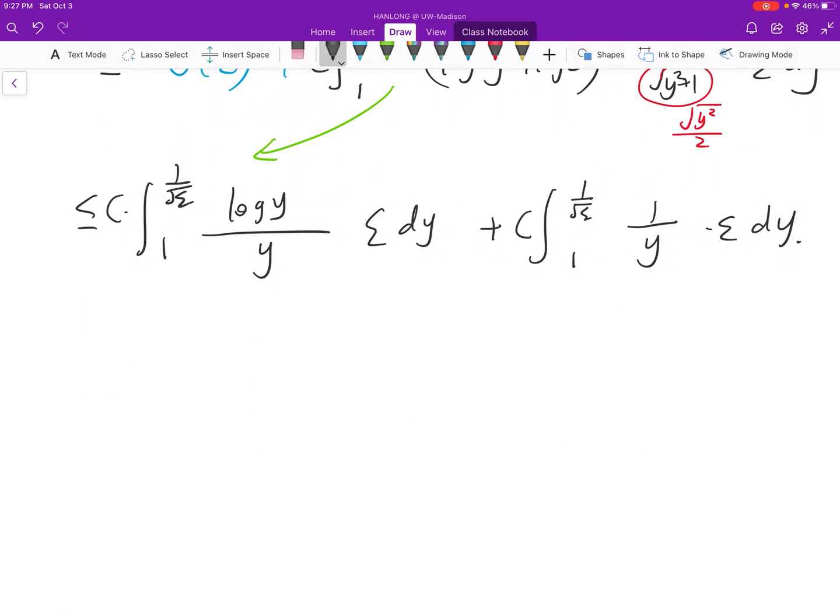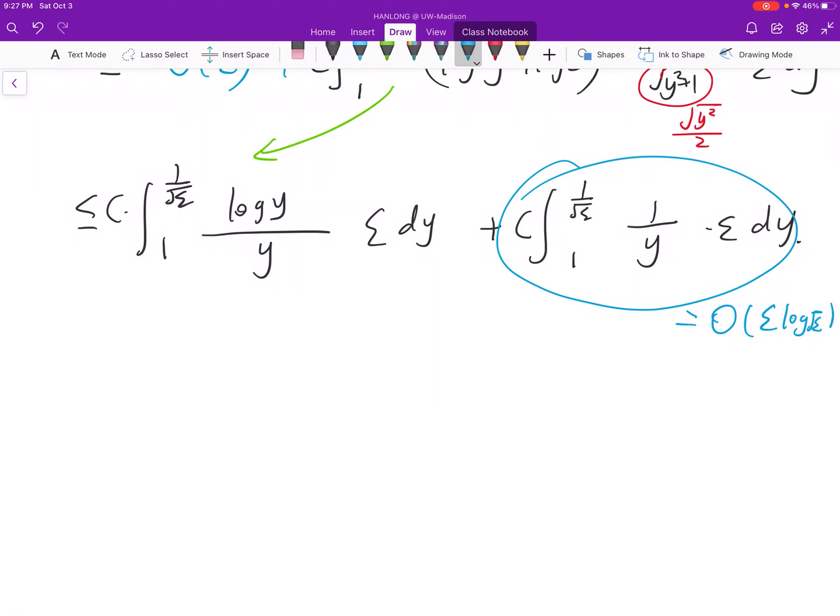Okay, then the second term, what is this? You can integrate this and get that this is O epsilon log square root epsilon, which is O epsilon log epsilon.